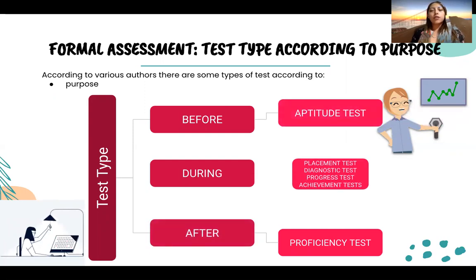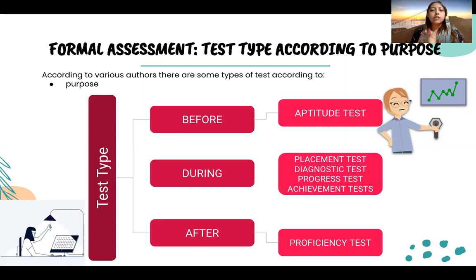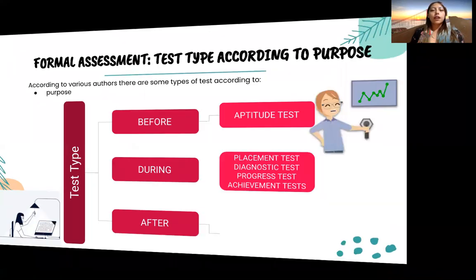Before, we could consider the aptitude test. During, there are four: placement, diagnostic, progress, and achievement tests. After, the proficiency test.